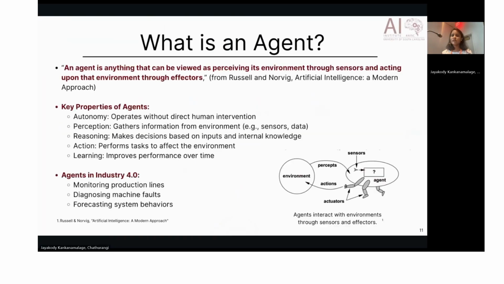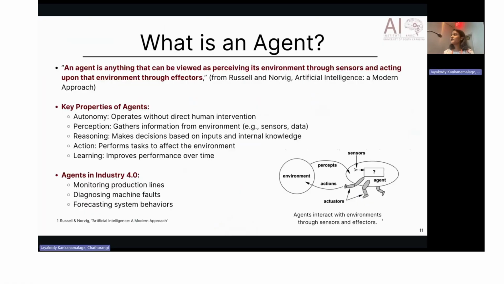systems. In contrast to the traditional tools, agents mark the first step towards intelligence in industrial systems. What are these agents? These agents are software entities that can perceive the environment, reason over data, and perform actions, often with some degree of autonomy.